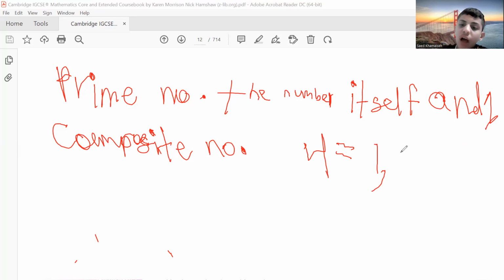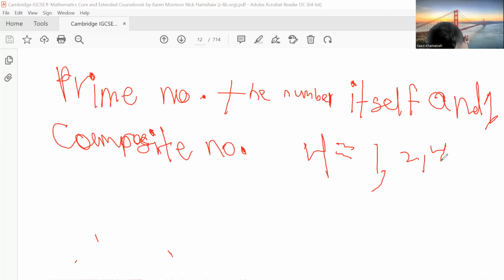So any number that has 3 factors or more, what do we call that? We call it a composite number. For 8, the factors are 1, 2, 4, 8. For 3, the factors are 1 and 3. So a number that has 2 factors, the number itself and 1, is called a prime number.